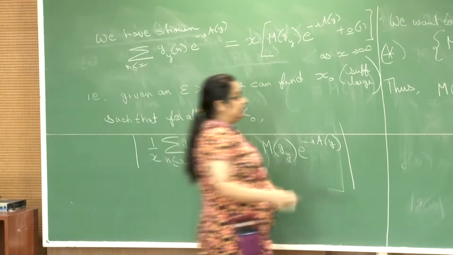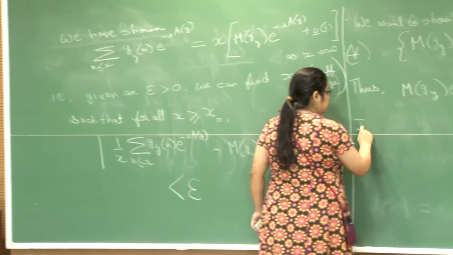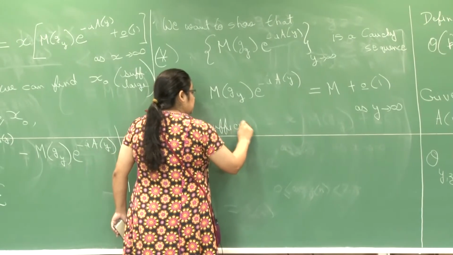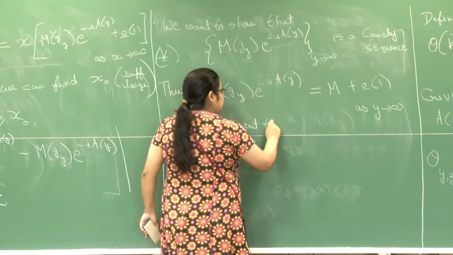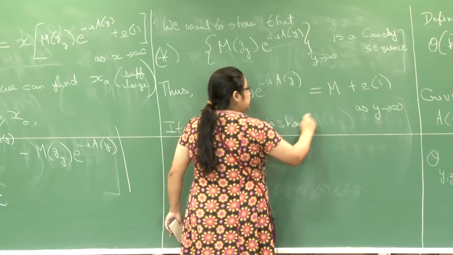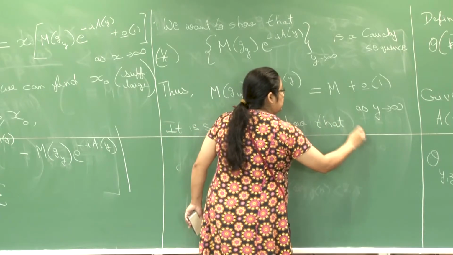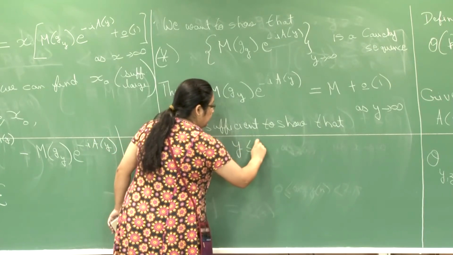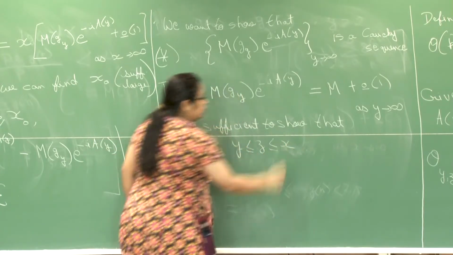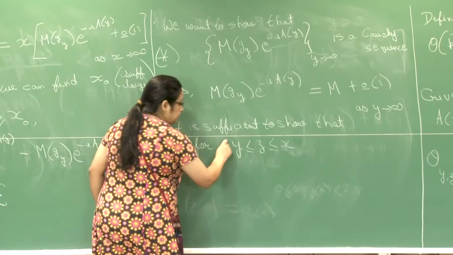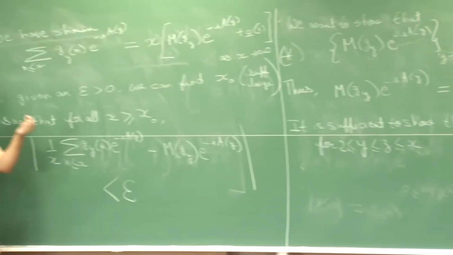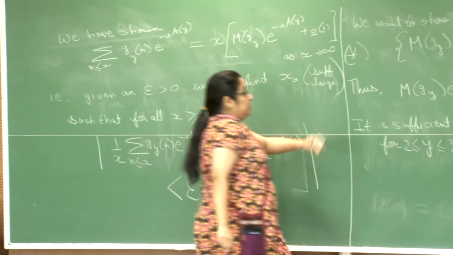Okay. So, it is sufficient to show that for y and z very, very large, and I am going to take them to be at least 2 in order for the respective Euler products to have some non-trivial terms.